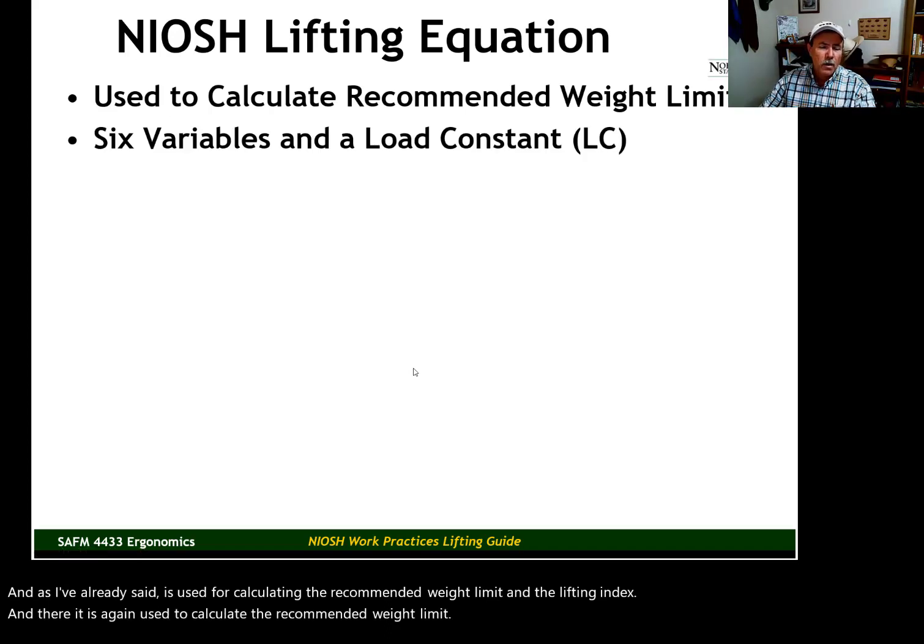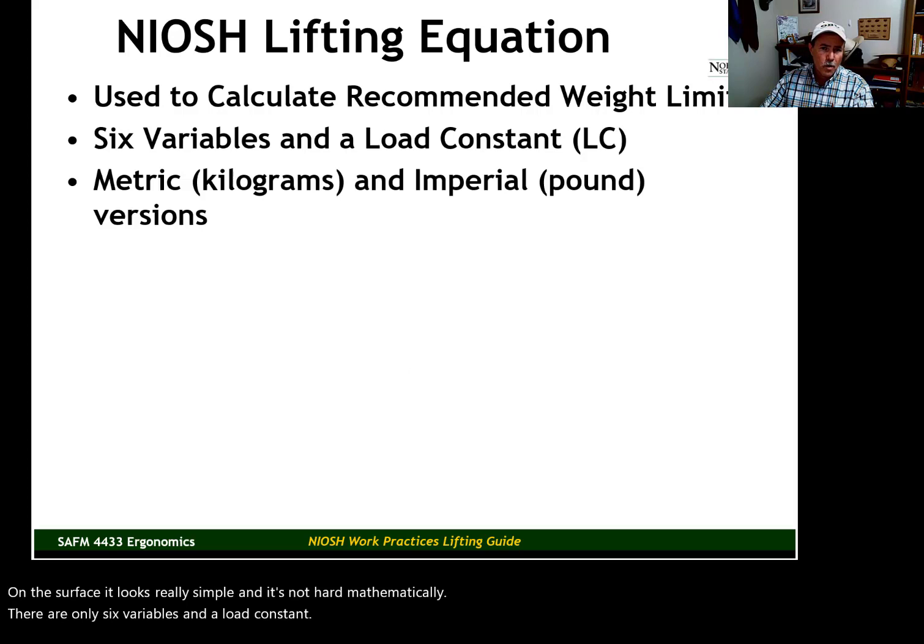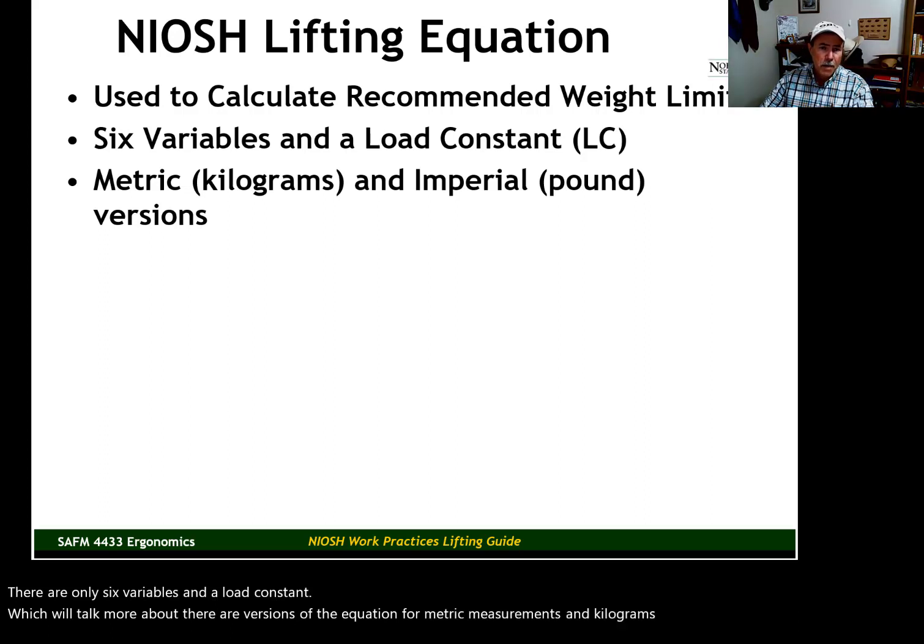Now the equation, now we're going to start talking about the equation. On the surface, it looks really simple, and it's not hard mathematically. There are only 6 variables and a load constant, which we'll talk more about. There are versions of the equation for metric measurements in kilograms and imperial measurements in pounds.